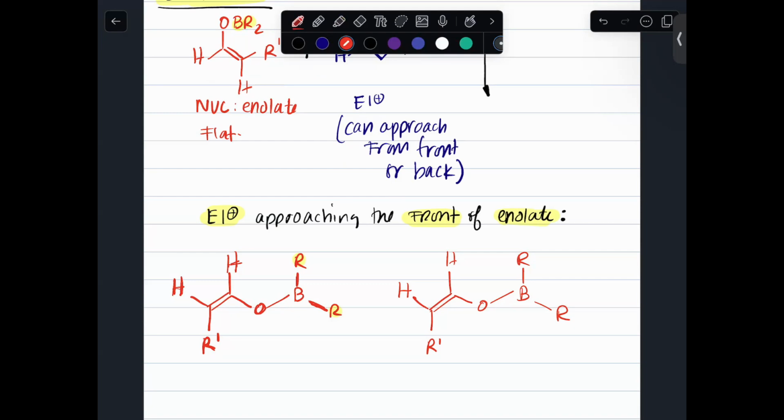Now, the reason I drew my enolate twice is because my electrophile, my carbonyl, can approach the front in two very different directions. What do you mean by that? When it is approaching, it can approach as follows. And let me draw this in blue. Or at least I think it's blue. Also a flat molecule, right?